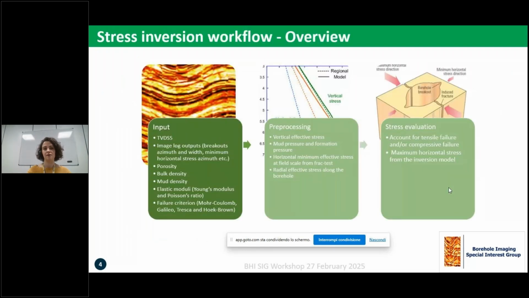But how does the stress inversion workflow work? You can find a brief overview in this slide.